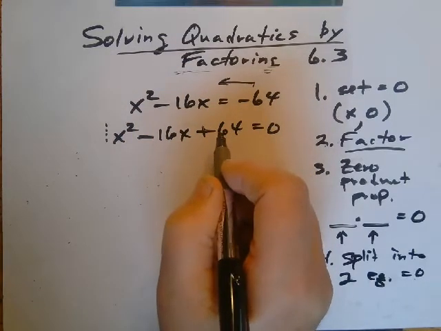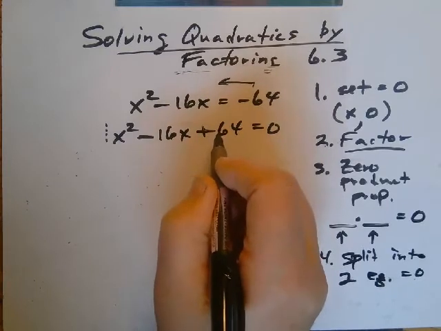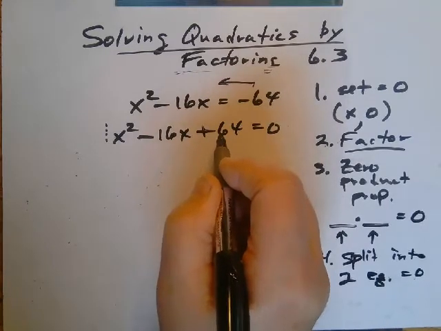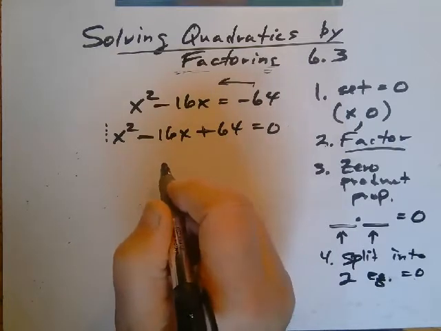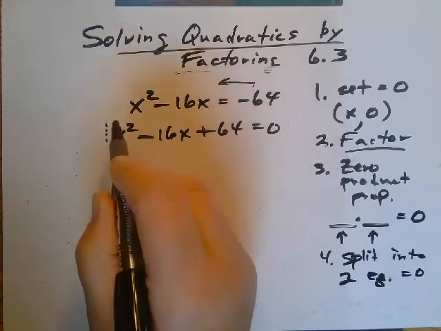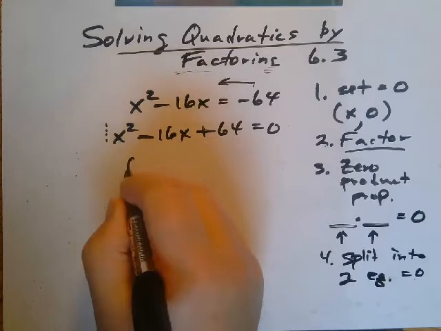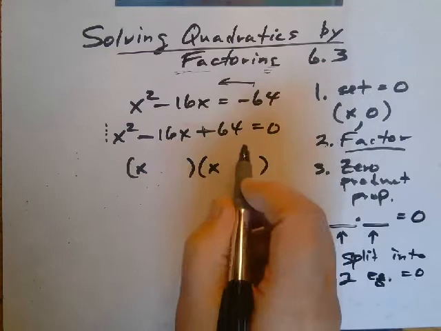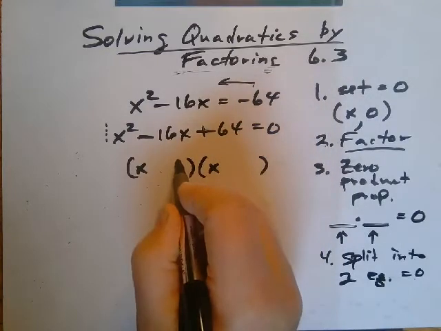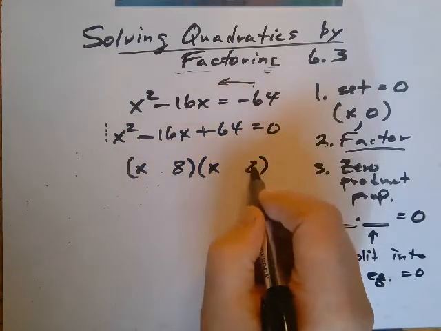Now I notice that since they're both the same, maybe this is a perfect trinomial square. In fact, it is. If you recall, we have a shortcut for factoring the perfect trinomial square. We take the square root of this first term, which is x. We take the square root of the last term, which is either 8 or negative 8.